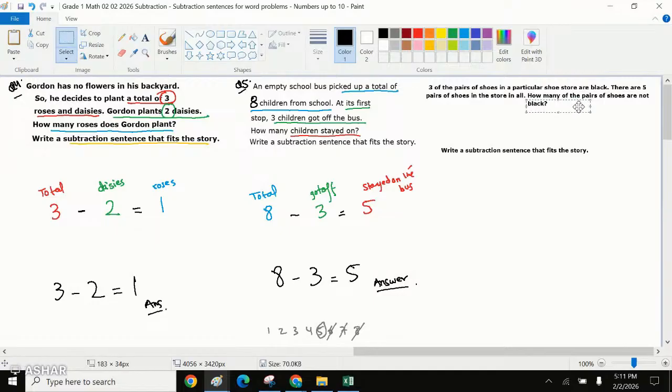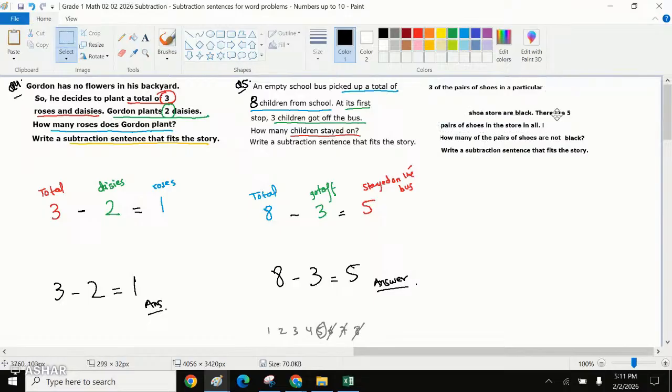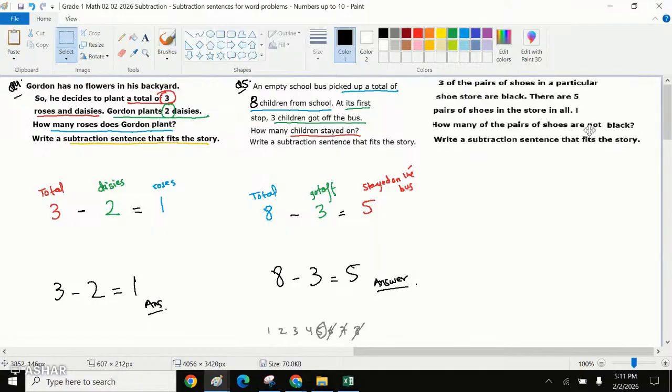So the next question says there are a certain number of shoes. How many pairs of shoes? Sometimes I need to realign. Once I have rearranged it, let me just change the size.